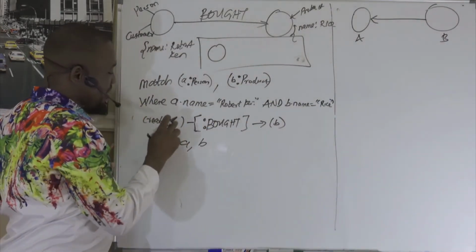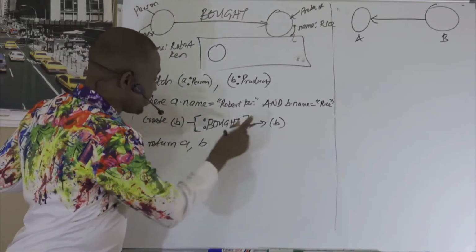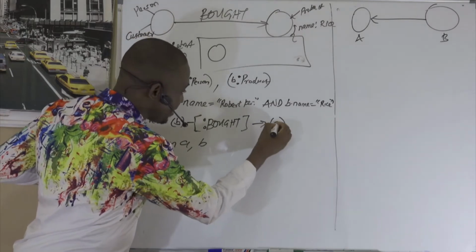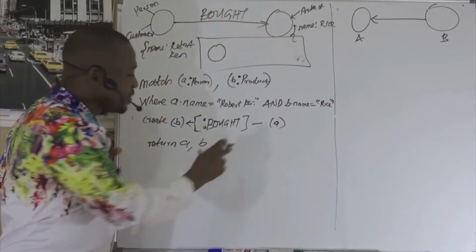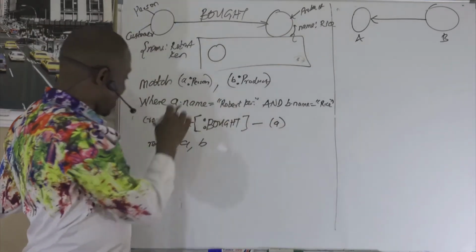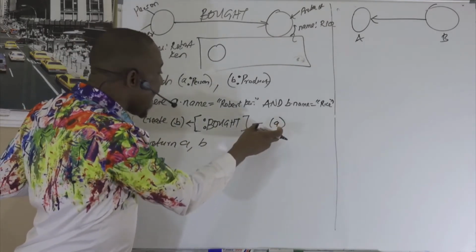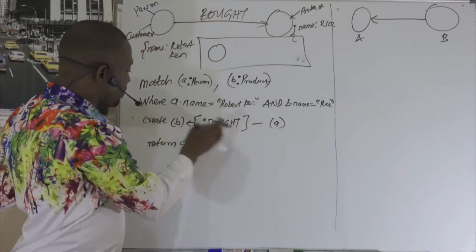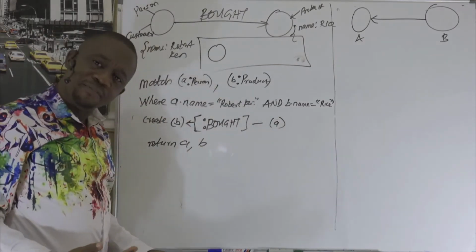You can do something like this, like put B here, put A here. But this one needs to move to this place. You see? You can move B here and put A here. That means still A bought B, or B is bought by A. Still the same.